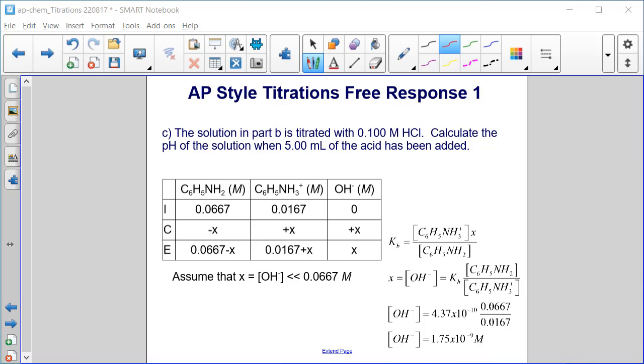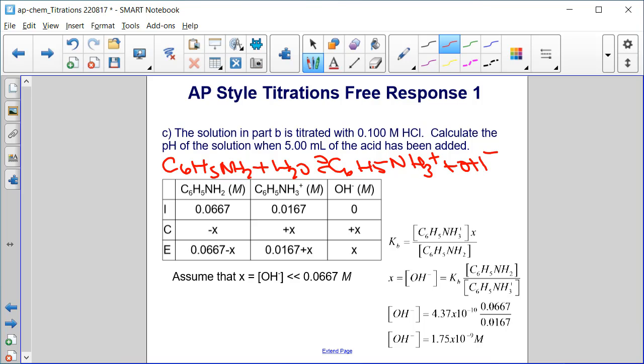Okay. So we have some base, some acid, and we have this hydrolysis that will occur. We've seen this before in water to produce. So here's our acid-base equilibrium.